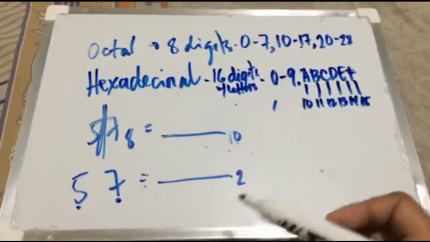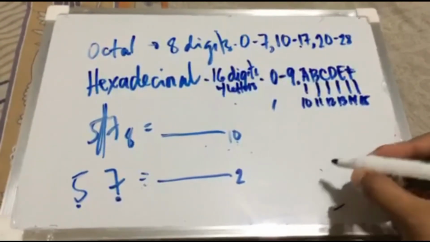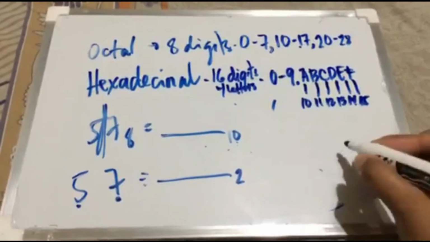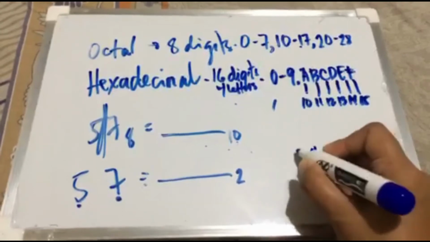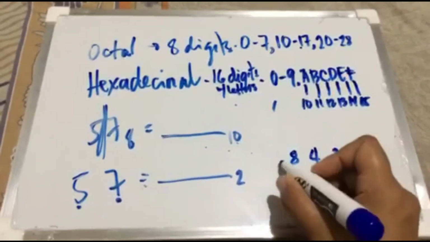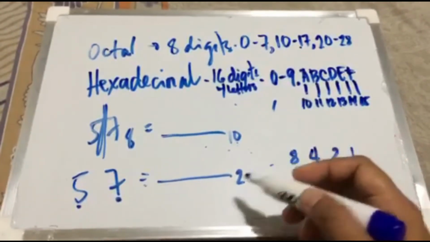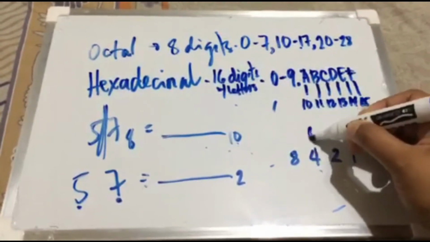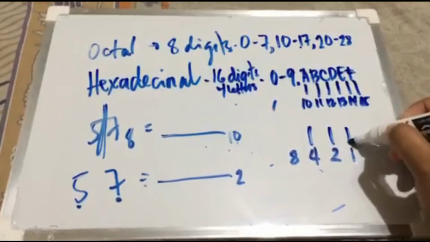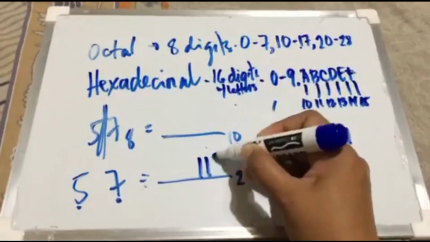We know already the value of the positional notation of binary, which is 1, 2, 4, 8, and so on. For 7 we have 4 plus 2 plus 1 is 7, so 1, 1, 1.